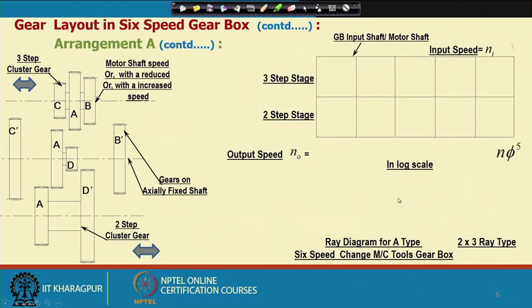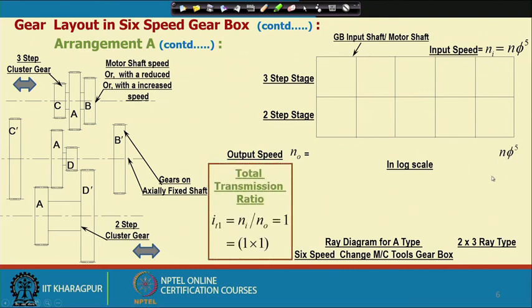Now, first let us consider that here we have the maximum speed, and here we would like to have this maximum speed. This means that first of all we will estimate the total transmission ratio. In this case, n input divided by n output is equal to 1.